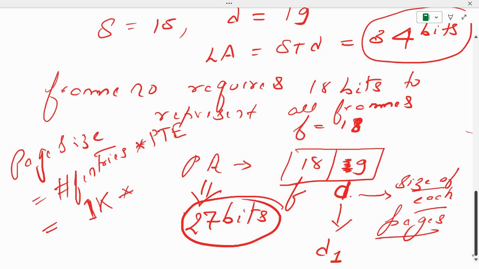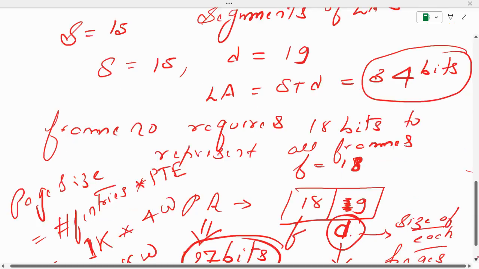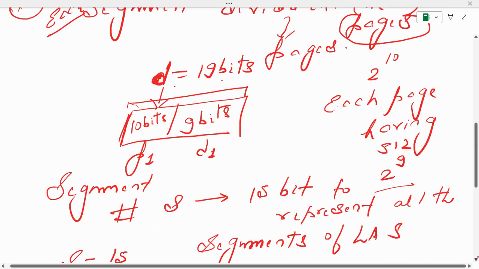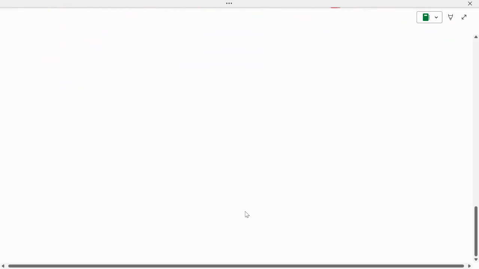We have been given PTE as 4 words, so it is 4 kilowords, this is the page size. Now the question comes, why do we take D as 9? This is one question that I would like to put light on. So let's see why we are taking this D as 9, and this will clarify the previous lecture doubt that we were facing while studying segmentation.